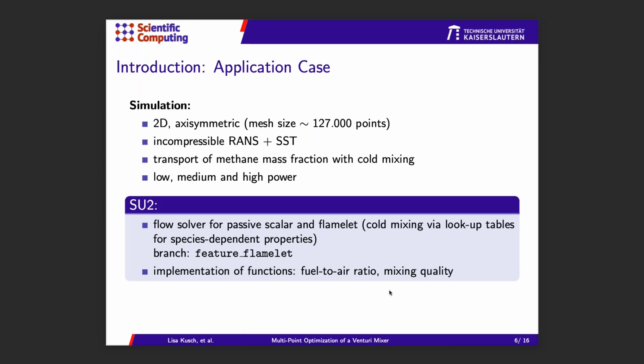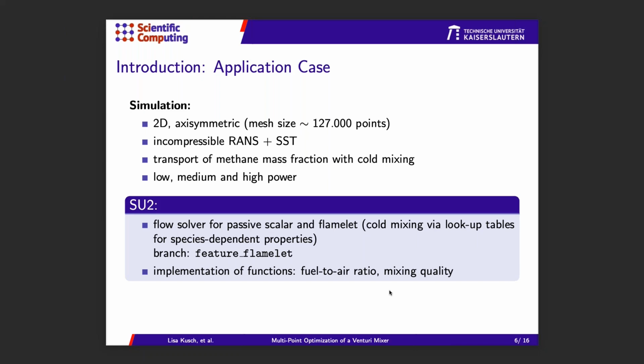So that's what we started off with. And then some flamelet, and we are using for this flamelet the cold mixing with lookup tables. And yeah, that's still a feature branch, but at the moment it's prepared for merging into develop.